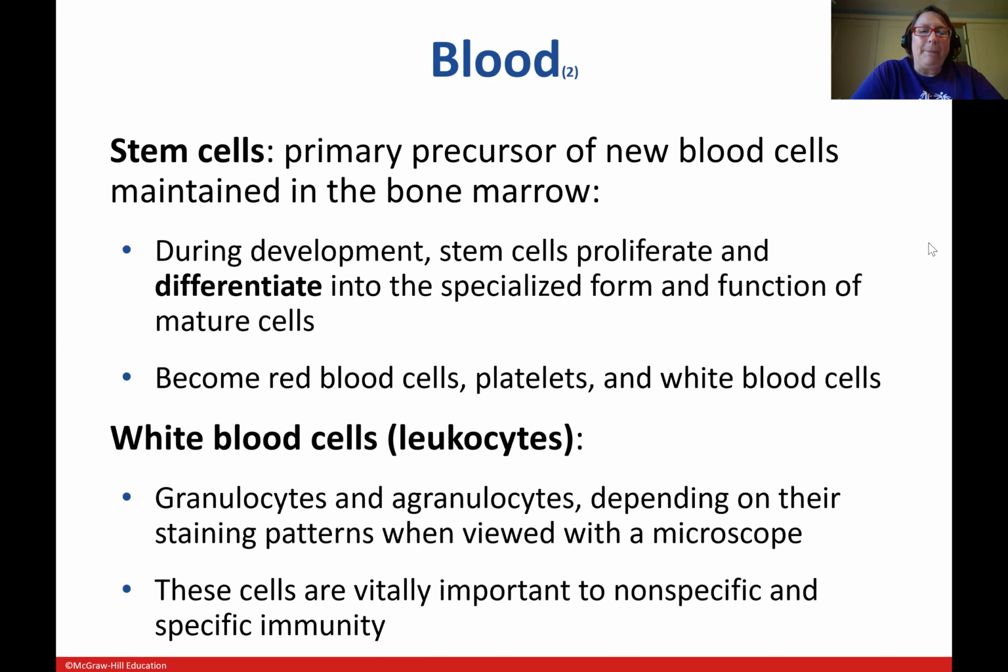Okay, and they are vitally important to both non-specific as well as specific immunity. So these blood cells are what actually do the handshake or the handoff of information from that innate immune response to the specific or adaptive immune response. So without these white blood cells doing that handshake, that handover could never happen, and the specific immune system will not wake up.